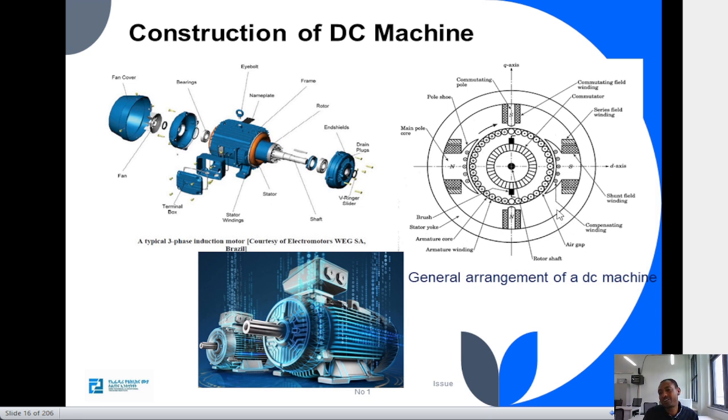Here it is a detailed cross-sectional view. In each and every DC machine, we may not get all these components, like the compensating windings. Other components may not be present. It depends on the size or the rating of the machine.